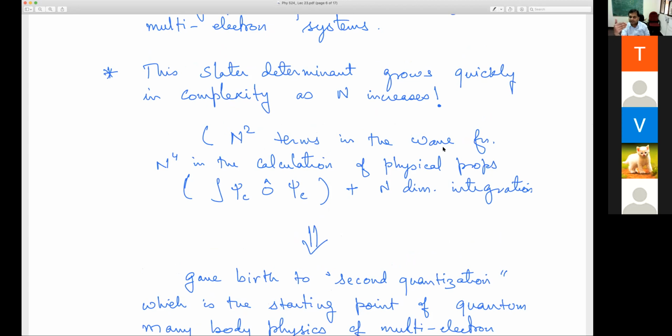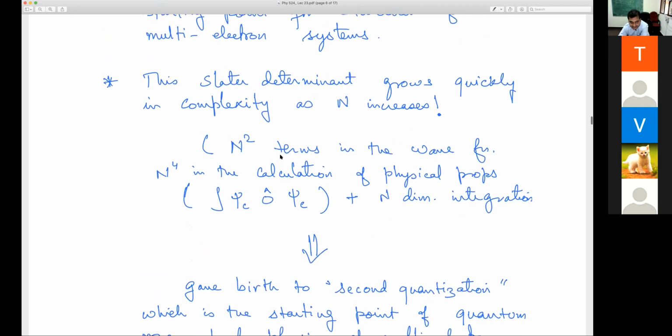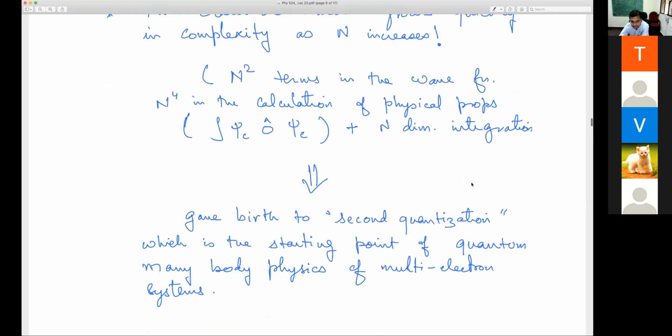But from a physics perspective, if you start from here and try to go to electrons which are 10 to the power 10 or 10 to the power 12, or in 2D systems 10 to the power 15 per centimeter square, or in 3D Avogadro's number of electrons, it's a hopeless calculation to do. This kind of physics, where I have to generate antisymmetry of the wave function and solve the problem for really, really large numbers of electrons, like bulk solids, gave birth to the physics of second quantization, which is the starting point of quantum many-body physics.